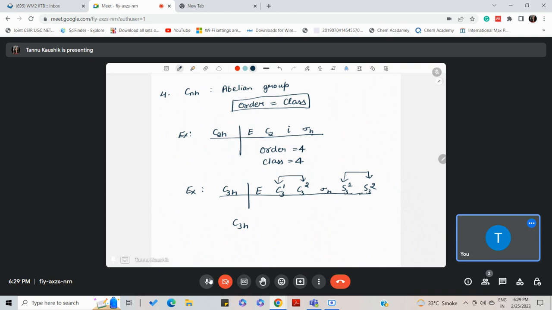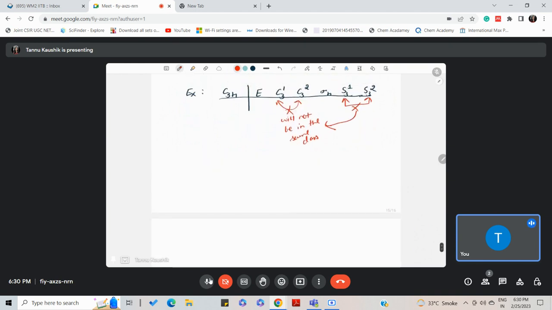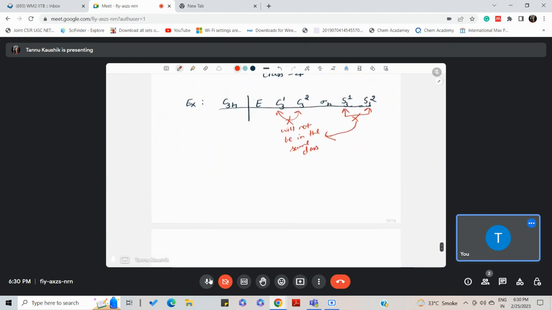Sorry, since these are abelian groups, C3^1 and C3^2 will not be in the same class. So these classification rules are not applicable in abelian groups.